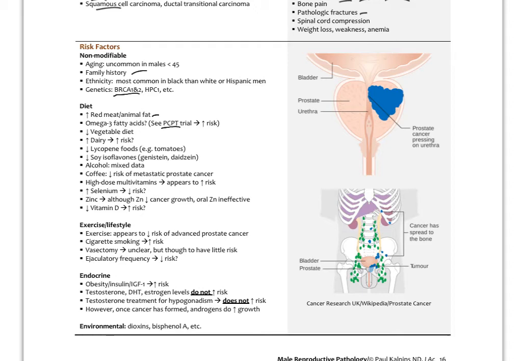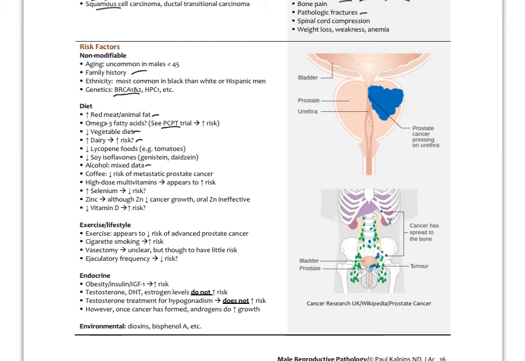That by no means, though, says that supplementing omega-3s in the diet would cause prostate cancer, but that's something to consider. Having a low vegetable diet, increased dairy increases the risk. Low lycopene-containing foods like tomatoes potentially increases the risk. Soy is protective, so low soy diets might increase the risk.